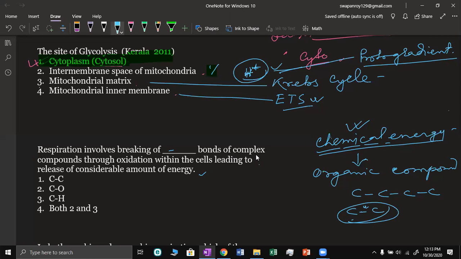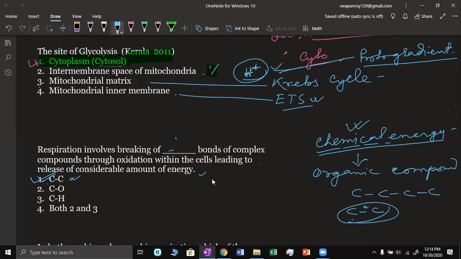So respiration involves the breaking of C-C bonds.